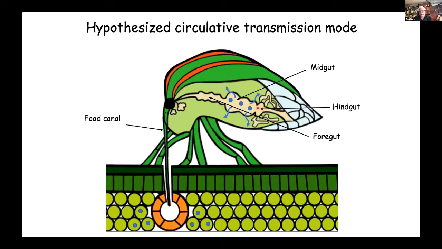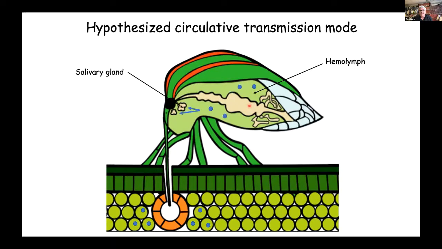And once the virus has transited to these tissues, it will exit the gut epithelium and enter the hemocoel, or the hemolymph of the insect, which is the equivalent of the blood for human beings and animals.